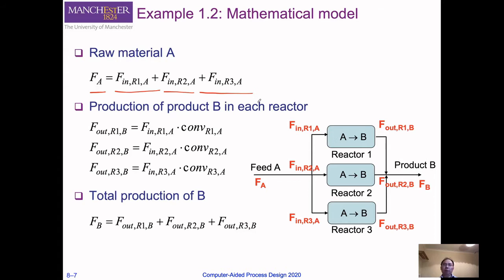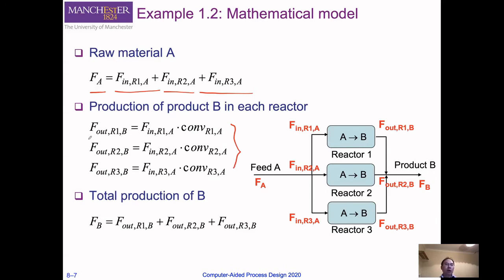In each reactor, because we define variables to denote the inlet flow rate of A and define the outlet flow rate of B, and also we know the conversion rate of each reactor from A to B, then we can write these three equations to relate the outlet flow rate of B from each reactor with the inlet flow rate of A into each reactor.